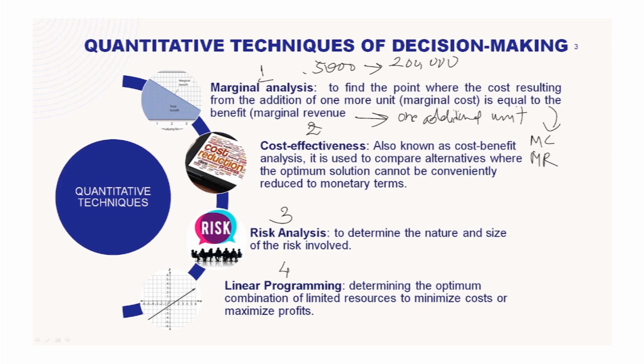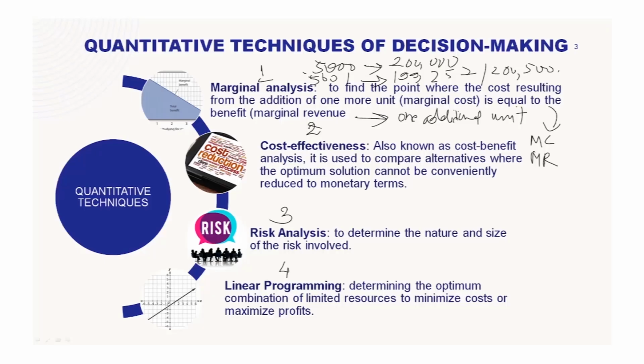If they manufacture the 5,001st unit and the additional revenue is, suppose, 1,99,257, then what we see with this example is that by adding one more unit, the overall revenue or sales is declining. So the manager has to decide not to continue with the additional unit of the product.